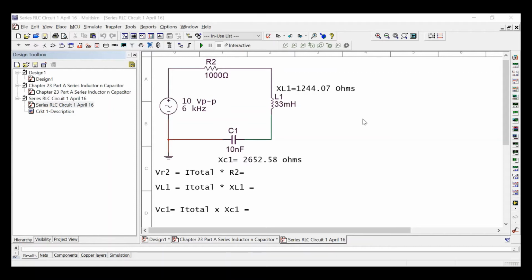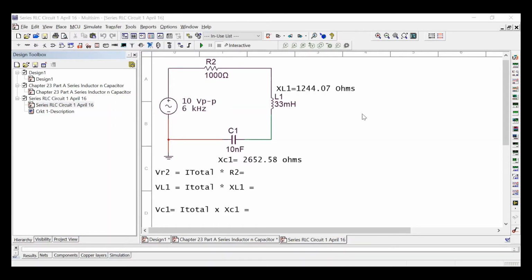That's L1 and C1. This is an RLC circuit. This is the most common type of circuit that you'll see when it comes to applying filters, because a lot of times in a filter circuit, you'll have two reactive components and a resistive component.